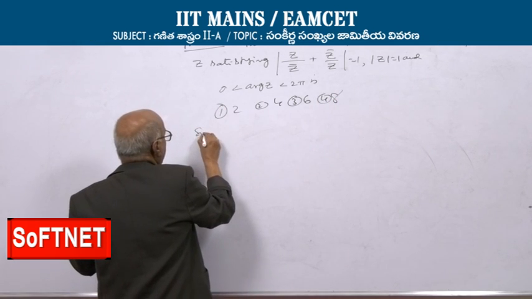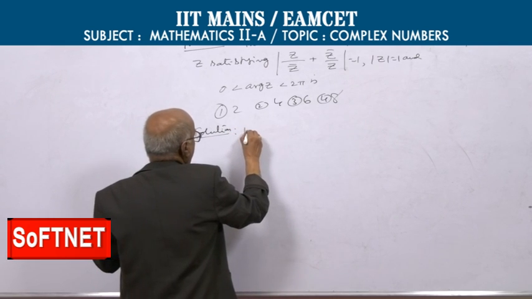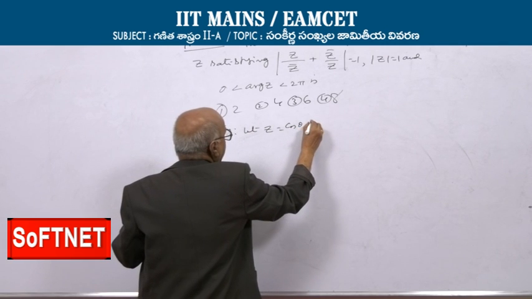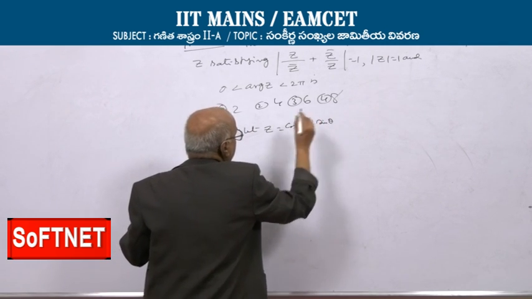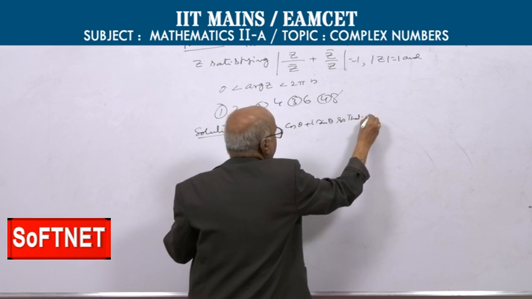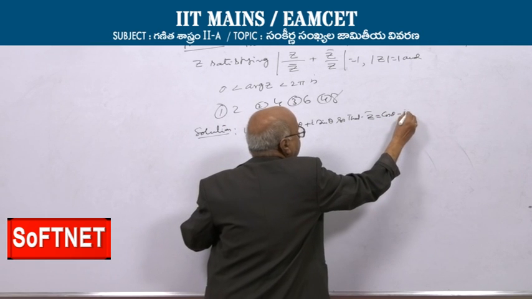Now solution is, let Z be equal to cos theta plus i sin theta, so that Z bar is equal to cos theta minus i sin theta.